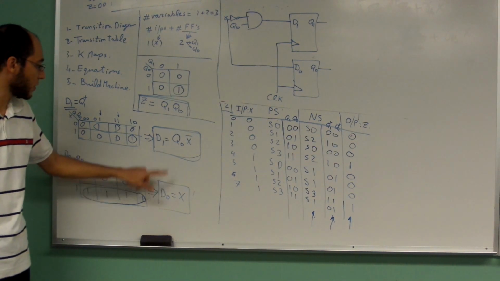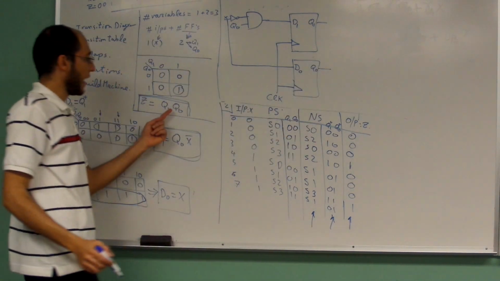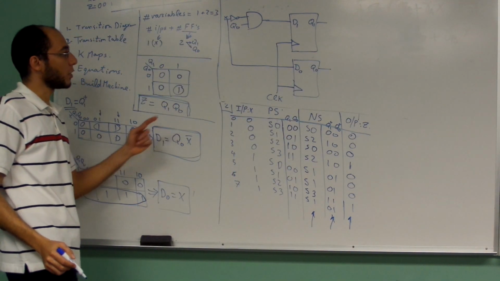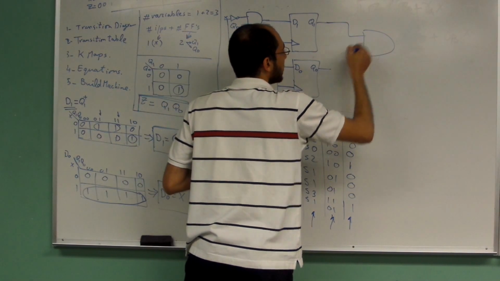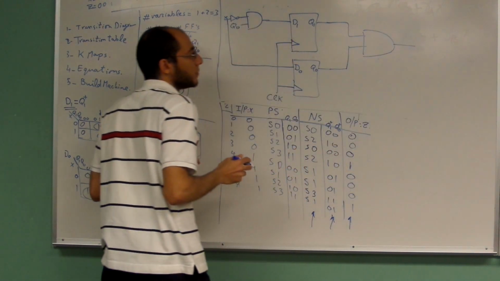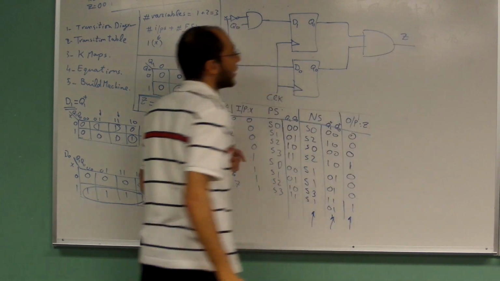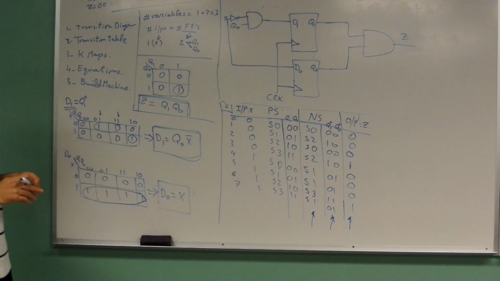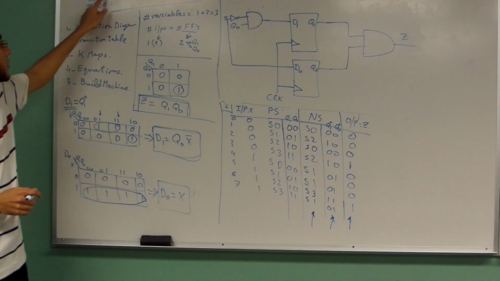So that's the D0. What about the Z? So we finished the D1, D0, and then the Z. The Z is an AND gate between the Q1 and the Q0. Right? And that's an AND gate, which is the output Z. And this becomes the circuit that implements a 1-0-1 sequence detector.